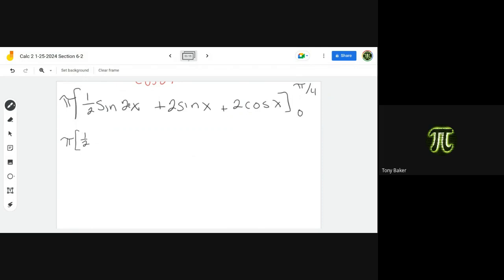Sine of 2 times that, so pi over 2. What's sine of pi over 2? It's 1. So it's 90 degrees, sine of 90 degrees is 1. Sine of pi over 4 is square root of 2 over 2. Cosine of pi over 4 is also square root of 2 over 2.